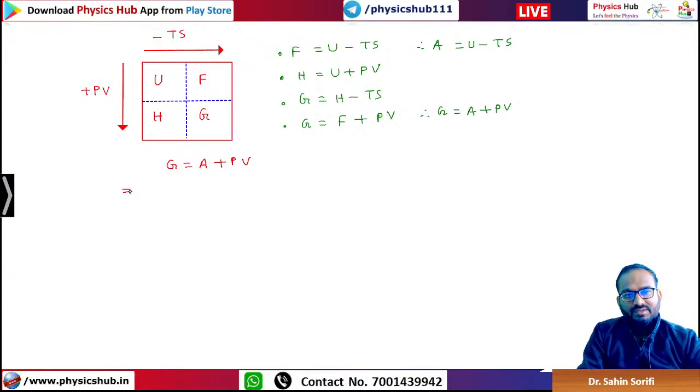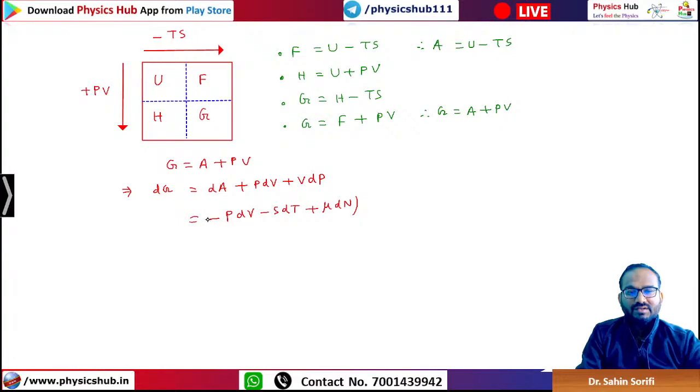So from here we got dG equals dA plus PdV plus VdP. Now what is dA? We have already got it: minus PdV minus SdT plus mu dN, as we talked about in the canonical ensemble.